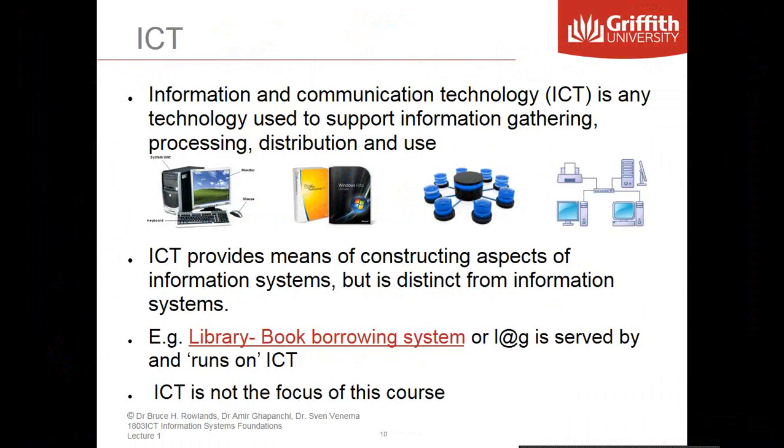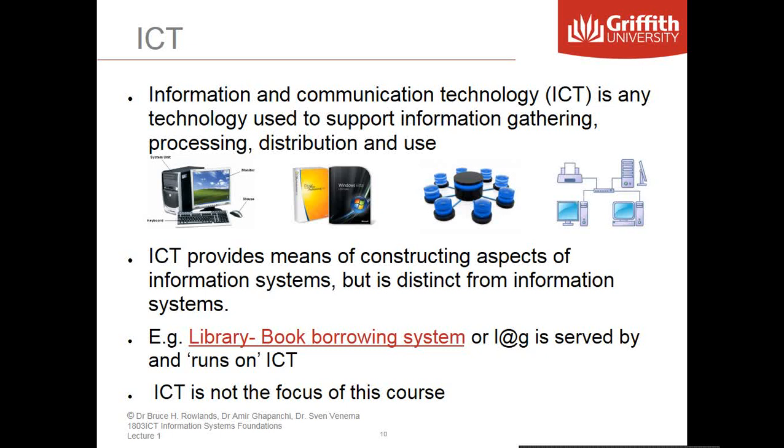So let's talk about the ICT stuff. This is my favorite stuff, but we've got one slide on it. And really, it's really important, right? We need this kind of technology to be able to support all these activities higher up. But it doesn't matter what the technology is, actually. Right? If I'm working with other people, as long as I've got a thing that supports what I'm doing, that's all I need to know.